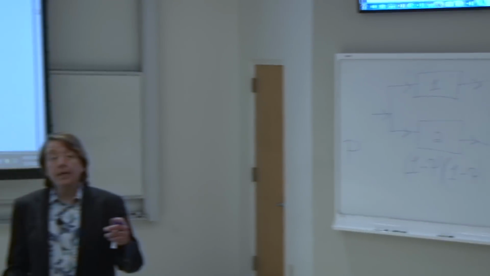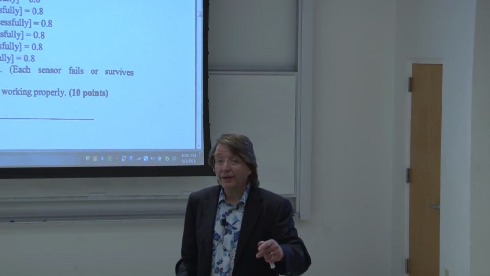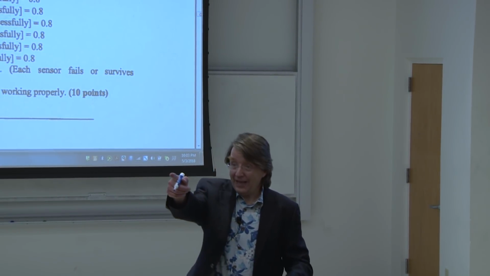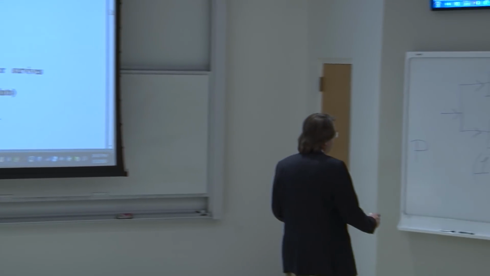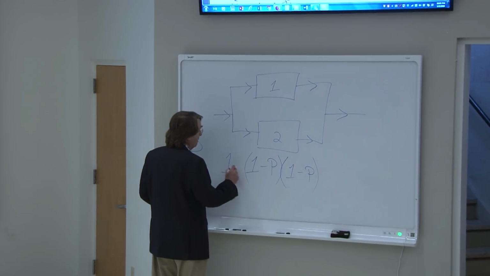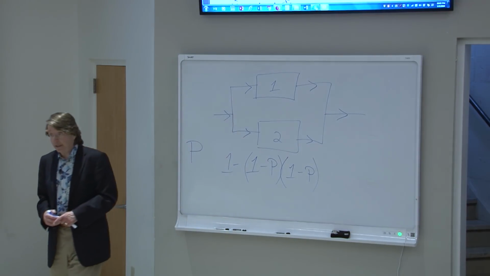What's the probability of this system of sensors working? Exactly, Sam, 1 minus this. So the probability of this system of sensors working is 1 minus the quantity, 1 minus P squared.